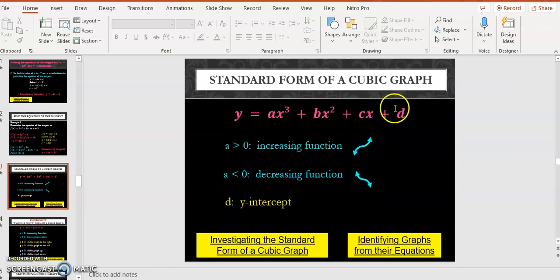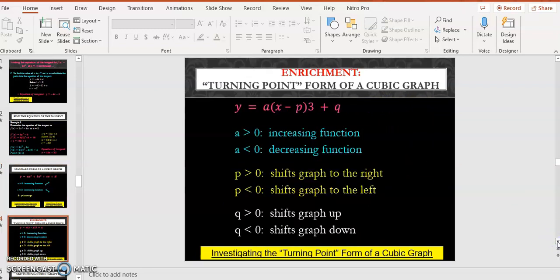Then d is the y-intercept. Now, our turning point form of a cubic graph. If you have the graph written this way, y is equal to a into bracket x minus p exponent 3 plus q. If a is greater than 0, I've already said it, it's an increasing function. If a is less than 0, it's a decreasing function.